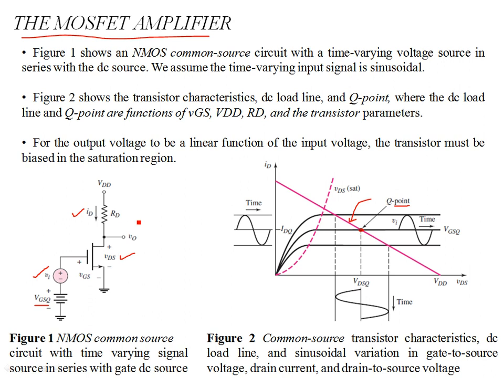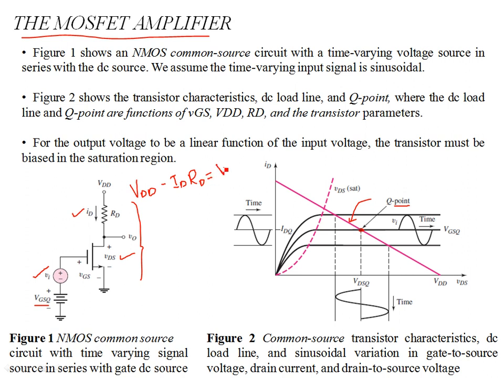If we talk of DC quantities only, then applying KVL at the output loop of the MOSFET, you have VDD minus IDRD is equal to V naught, which is the output voltage, or you can say V naught is equal to VDS.